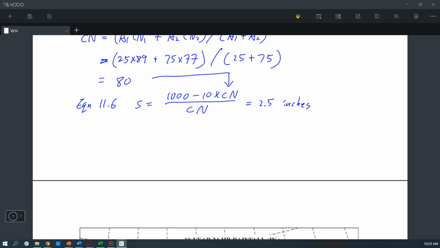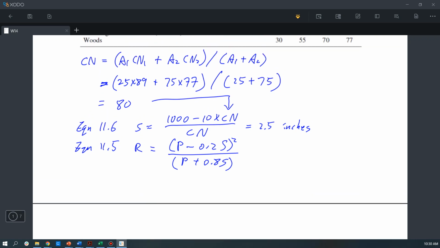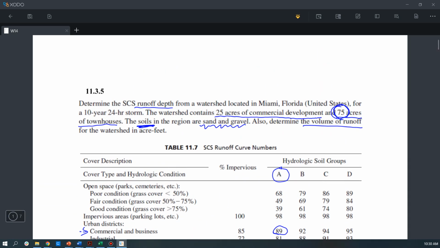Then we can apply equation 11.5 to calculate the runoff R, which is equal to the precipitation P minus 0.2 S, the soil moisture storage deficit, to the power of 2, divided by P plus 0.8 S. So we want to identify the rainfall amount, this P value.